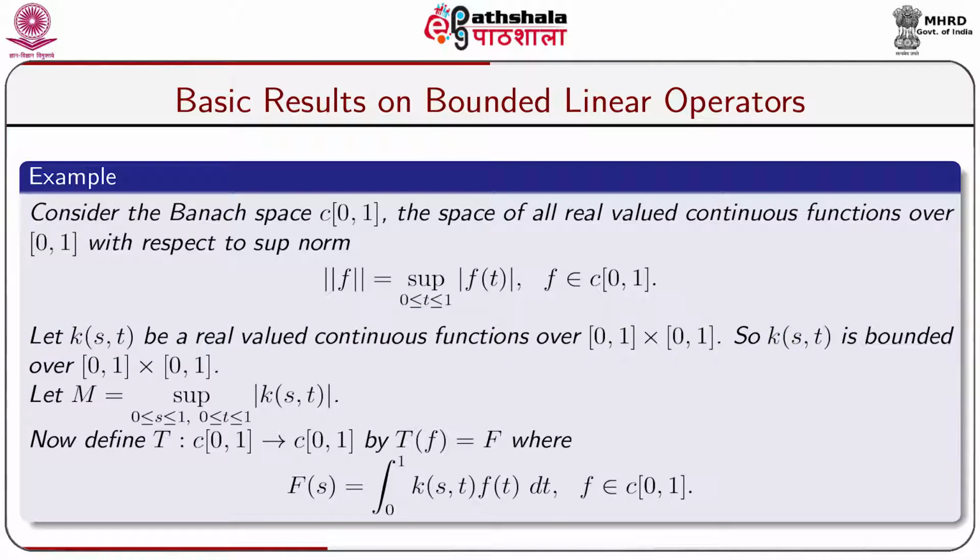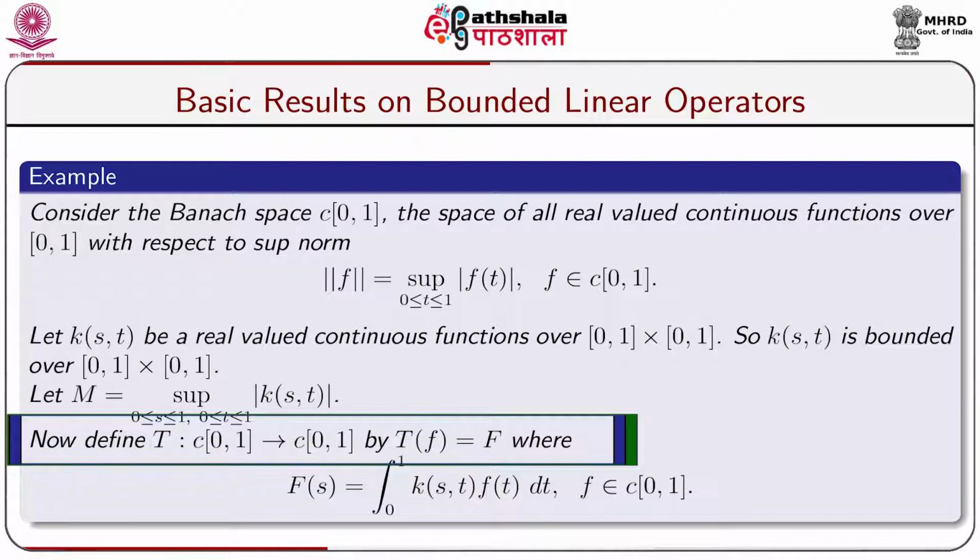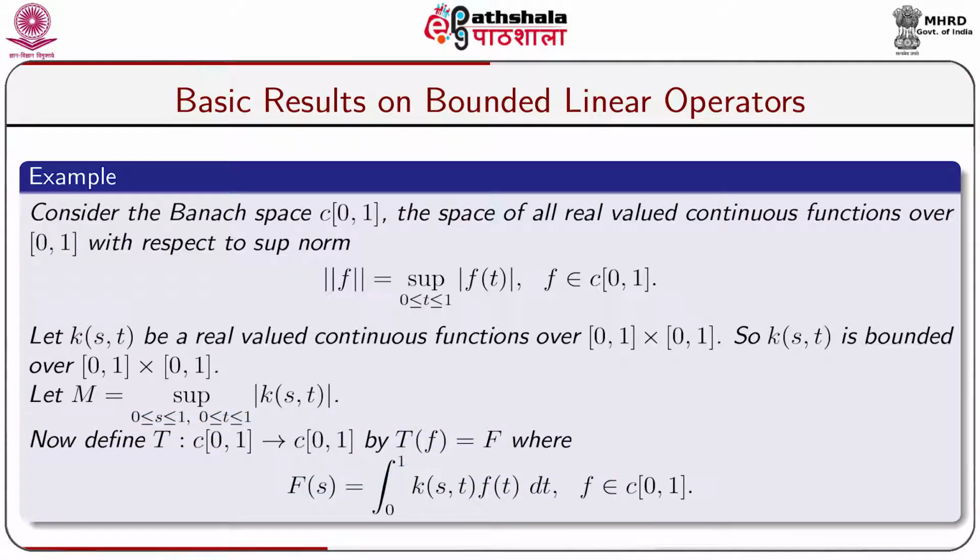So, K(s,t) is bounded over [0,1] × [0,1]. Let capital M be equal to the supremum of |K(s,t)|, where the supremum is taken over [0,1] × [0,1]. Now, define a mapping T from C[0,1] to C[0,1] by T(f) = F, where F(s) = ∫ from 0 to 1 of K(s,t) f(t) dt, where f is taken from C[0,1].